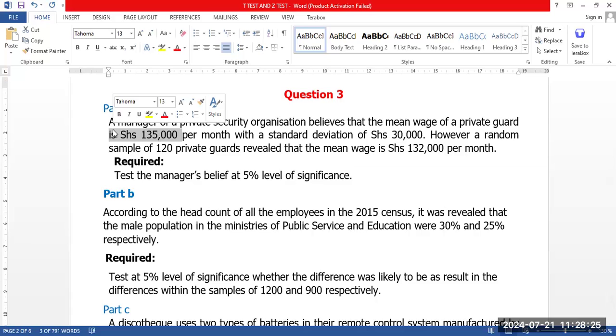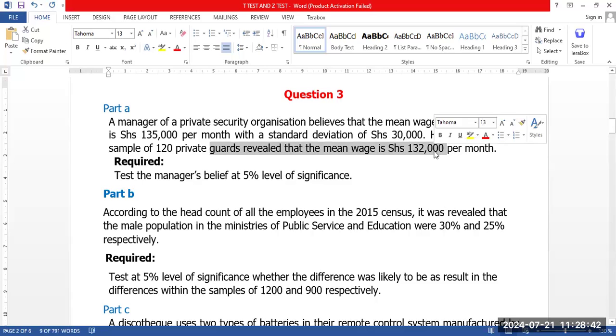It is meant for the population mean, not for the sample mean. If you say the sample mean, you are diverting from the belief. Remember, this sample mean 132 is what was revealed from your sample.